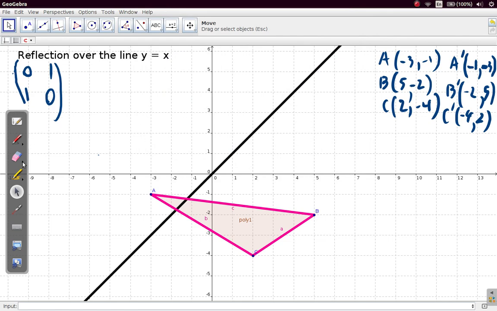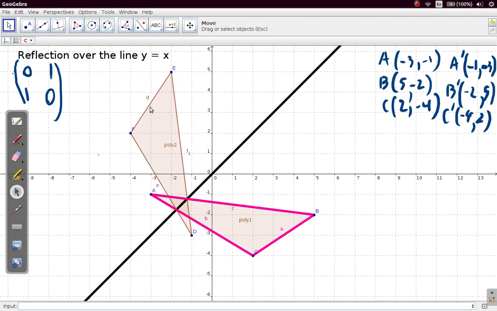Let's plot our second triangle now. So we have (-1, -3), it is here, (-2, 5), which is way up here, and (-4, 2), it is here, and then we close our triangle.